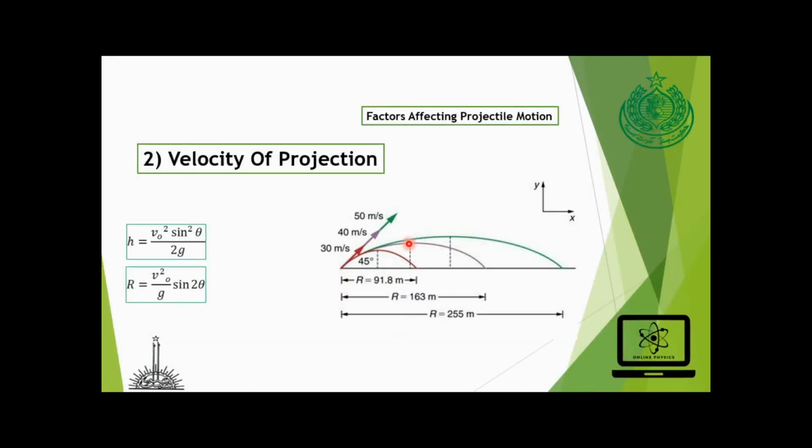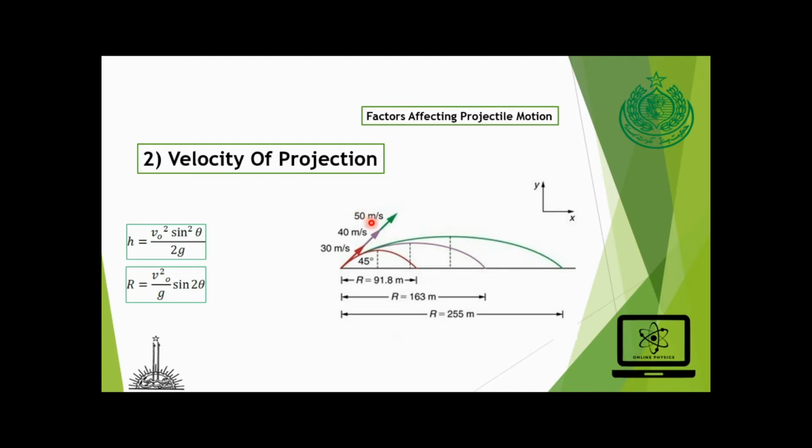Velocity of projection. This is 30 meter per second, the red one is moving, and we will get this range of 91.8 meter. If the velocity of projection is 40 meter per second, we will get a 163 meter range.